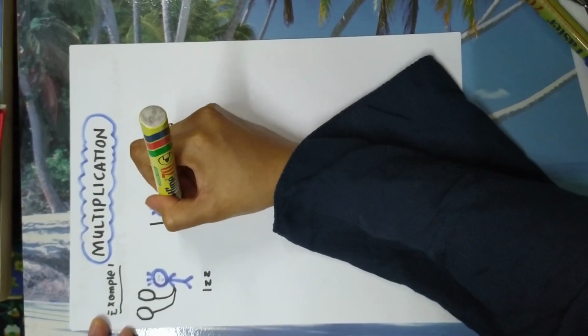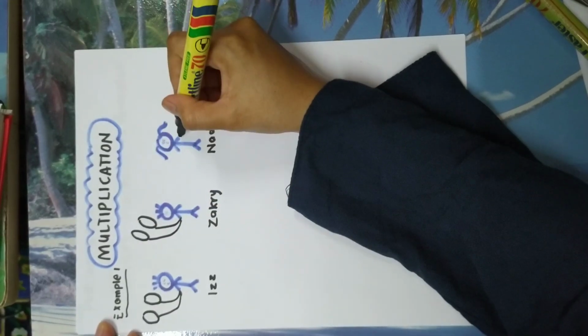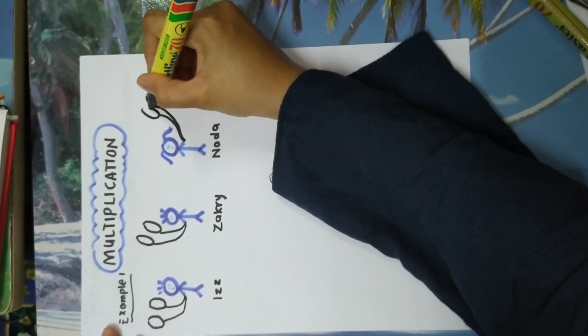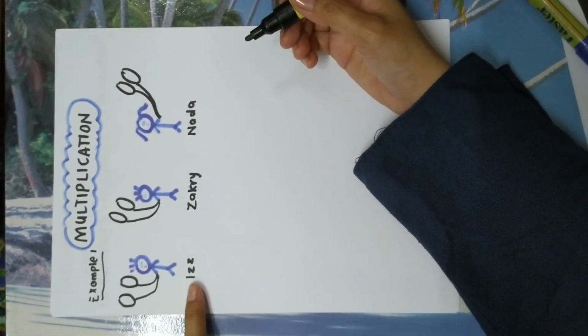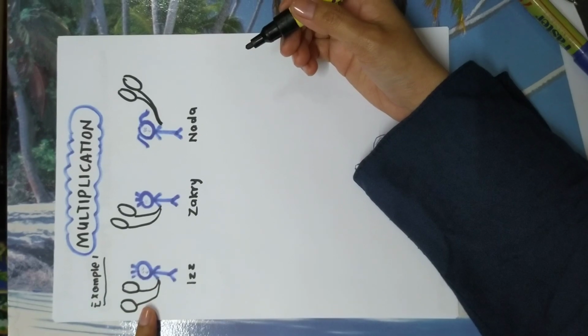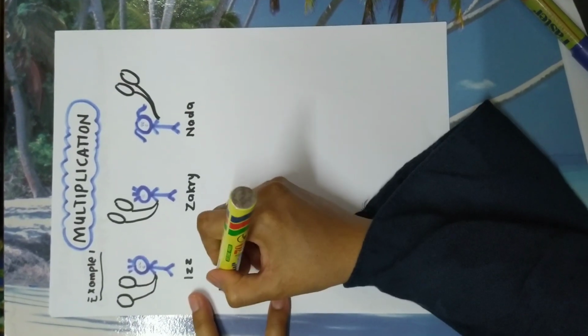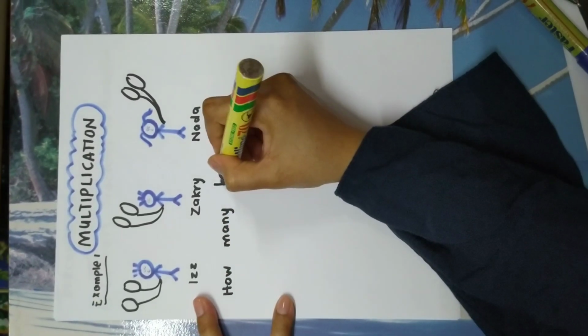Zakri also has 2 balloons. And then Nada also has 2 balloons. Okay, so 3 persons here, 1 person has 2 balloons. So the question is how many balloons?